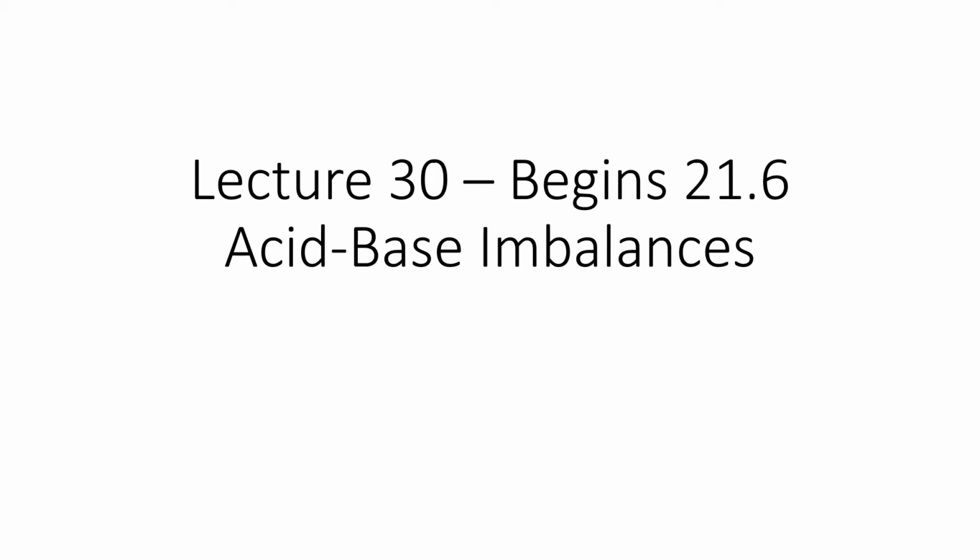And if a person's arterial blood pH is greater than 7.45, more basic, more alkaline than 7.45, then we say that person is in a state of alkalosis.